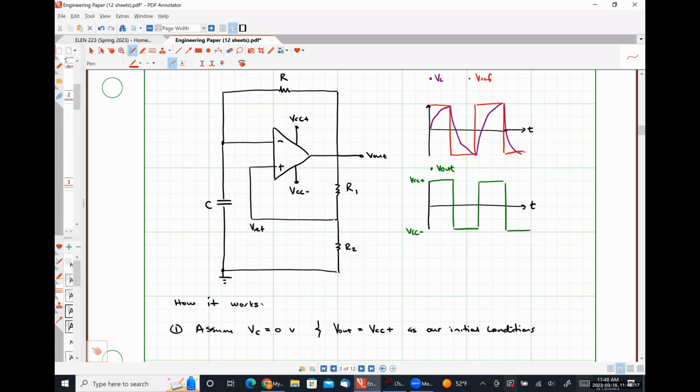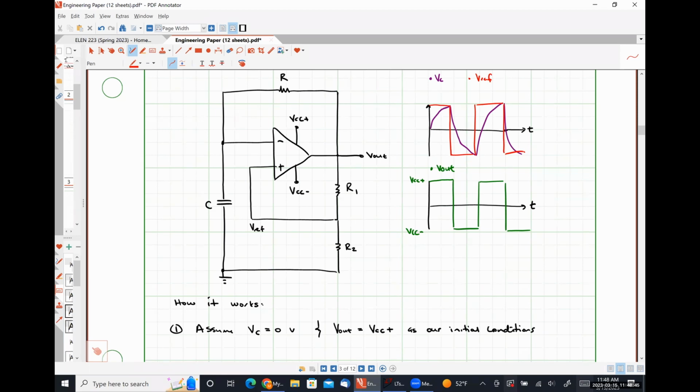Yes, ma'am. What? So when V out swings negative, this voltage is at a higher polarity than this voltage. So the current starts flowing in the opposite direction. Our reference voltage is now also a negative voltage.